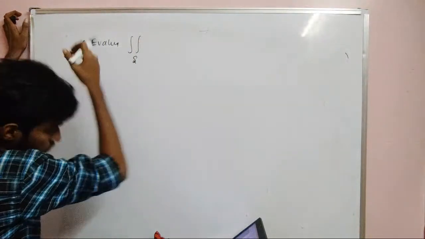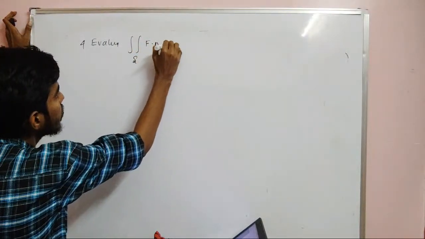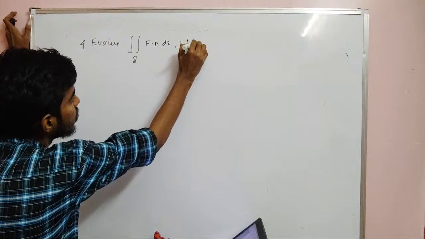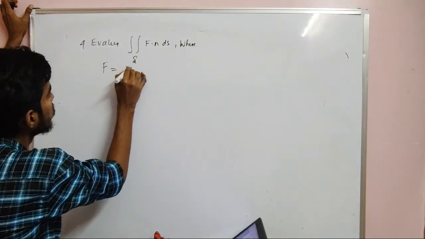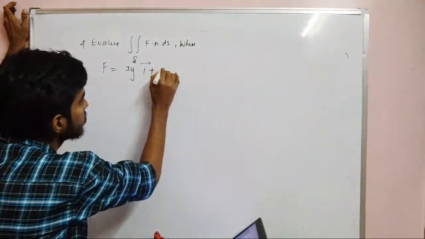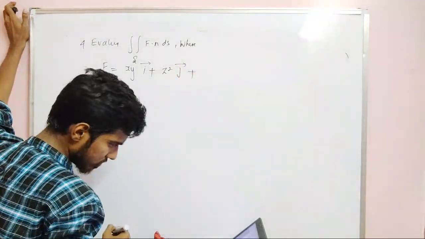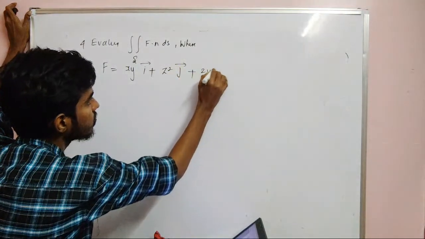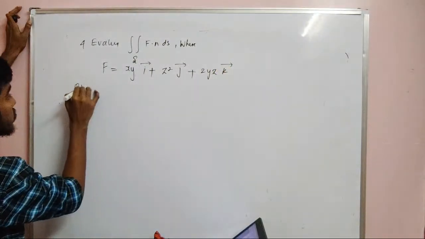So I'm going to do the fourth problem. Evaluate double integral over S f dot n ds, where f is equal to xy i vector plus z square j vector plus 2yz k vector over the tetrahedron.